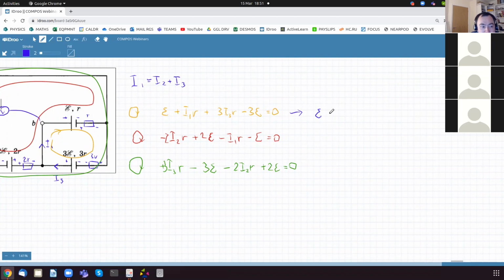So EMF plus I2R plus I3R plus 3I3R minus 3 EMF is 0. Okay. I don't want to do any extra steps. So I'm going to write 2. And here it's going to be 4.